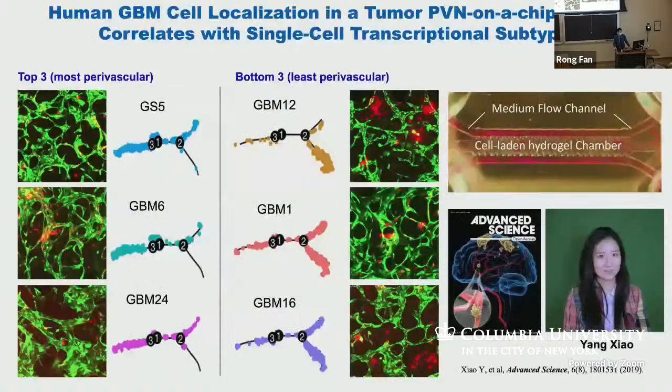My former graduate student, who I think is in the audience right now, a postdoc with Professor Liang, and Yang did this beautiful work to look at the interaction between just two types of cells. The endothelial cells, in this case you already have the microvasculature developed from human endothelial cells, and you put in human glioblastoma tumor cells ex vivo from the patients into the microvasculature to see how they interact.